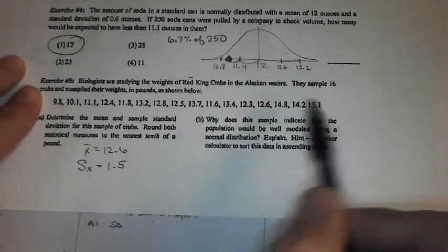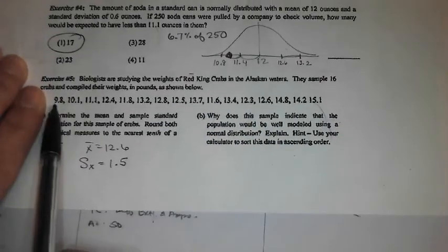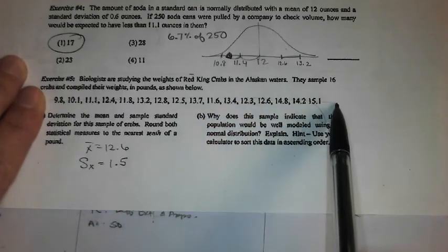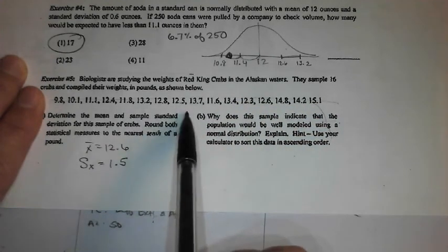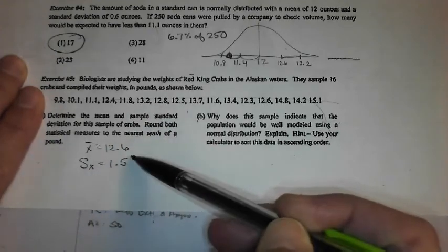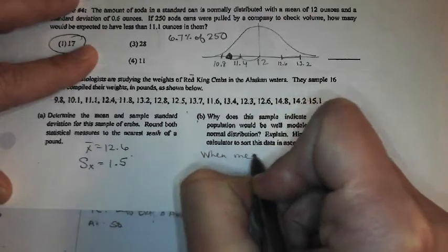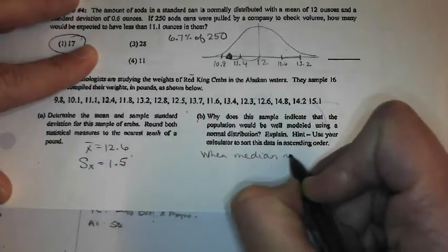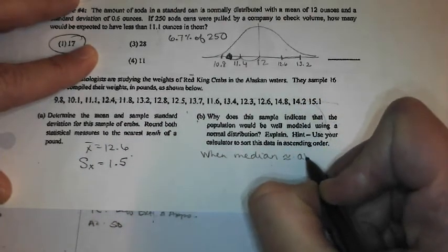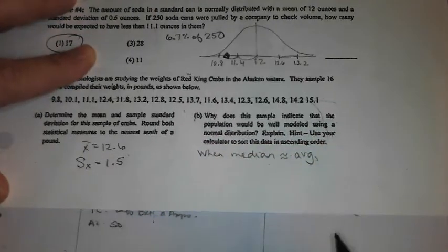Okay, I'll tell you why. This is a concept we haven't really talked about yet, so I'll use this as an opportunity to teach it. If you sort this from smallest to biggest, your median number in the middle is going to be pretty close to your average. So when your median, write this down, when your median is approximately equal to your average, that's a good indication that it's a normal distribution.